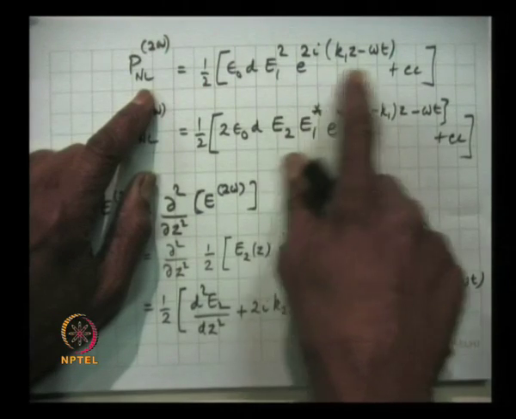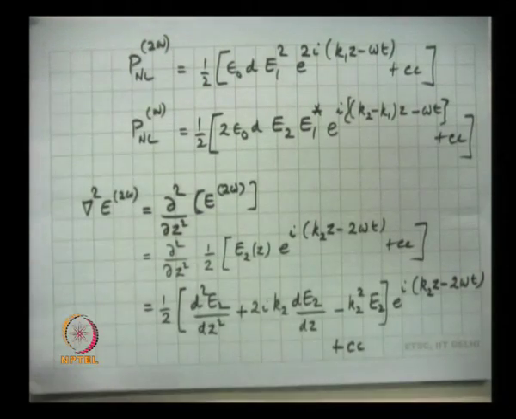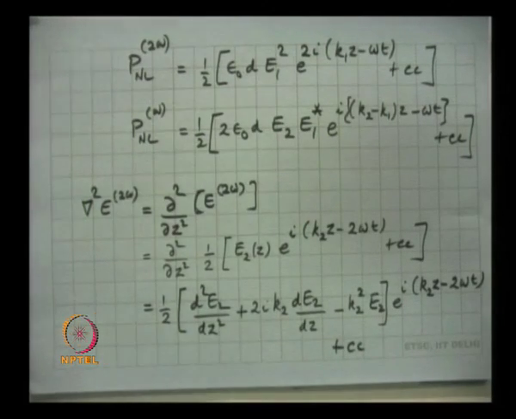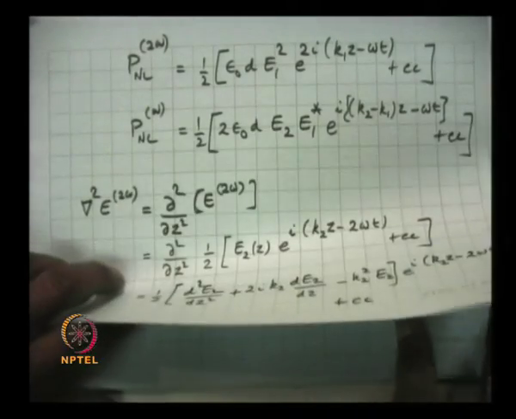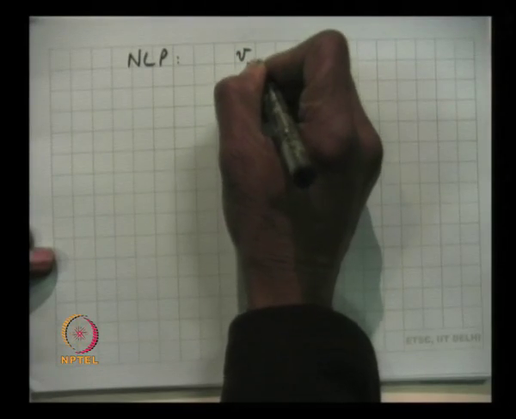Now, what is the velocity of this wave? Omega by k1, it is 2 omega by 2 k1, which is omega by k1, and that is the velocity of the wave at frequency omega. So, the omega frequency is propagating, it is generating nonlinear polarization which is also travelling along with it. So, omega by k1 is the velocity of the nonlinear polarization term.